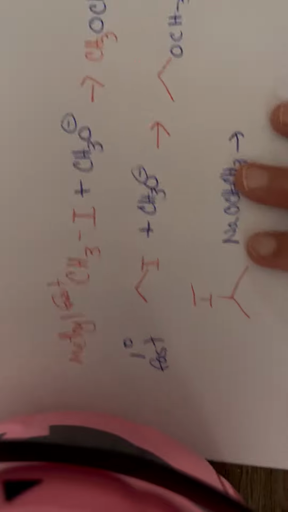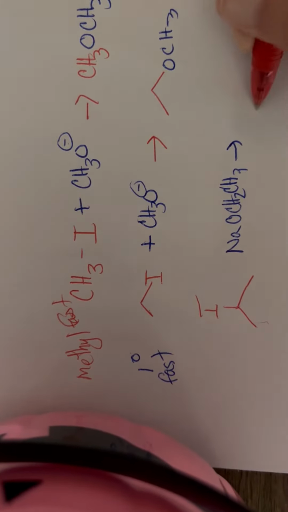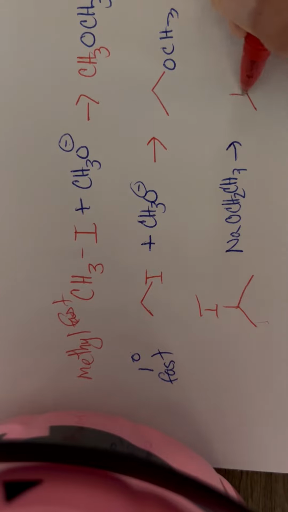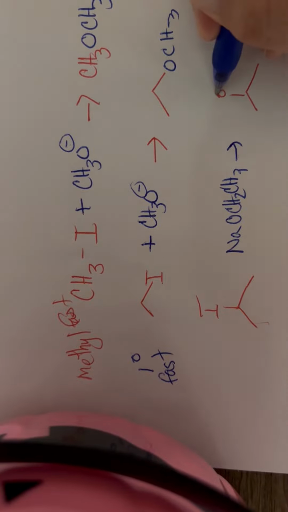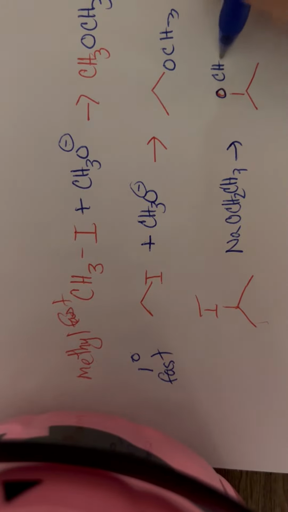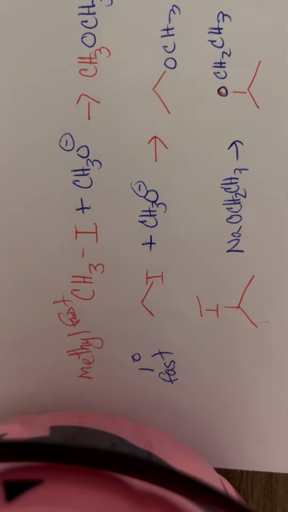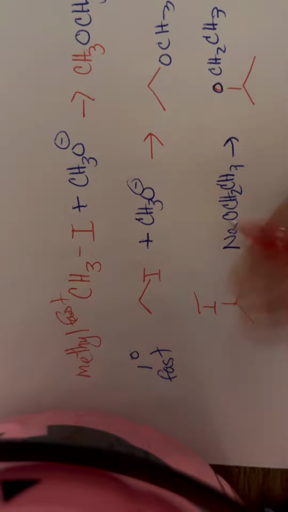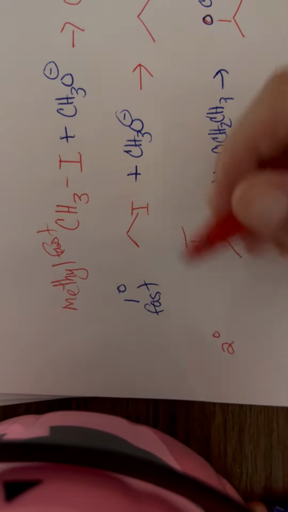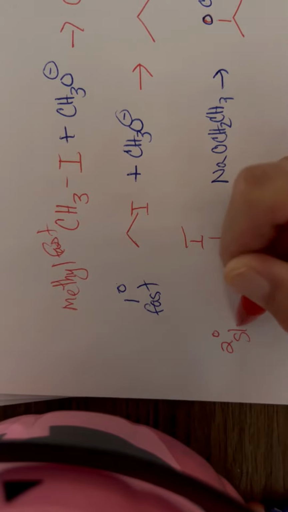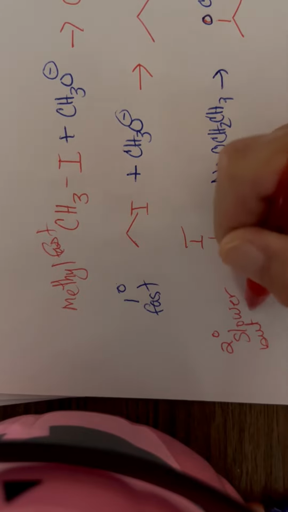This will go slower, but it will still go forward to OCH2CH3. This is a secondary, and it's going to be slower, but still forward.